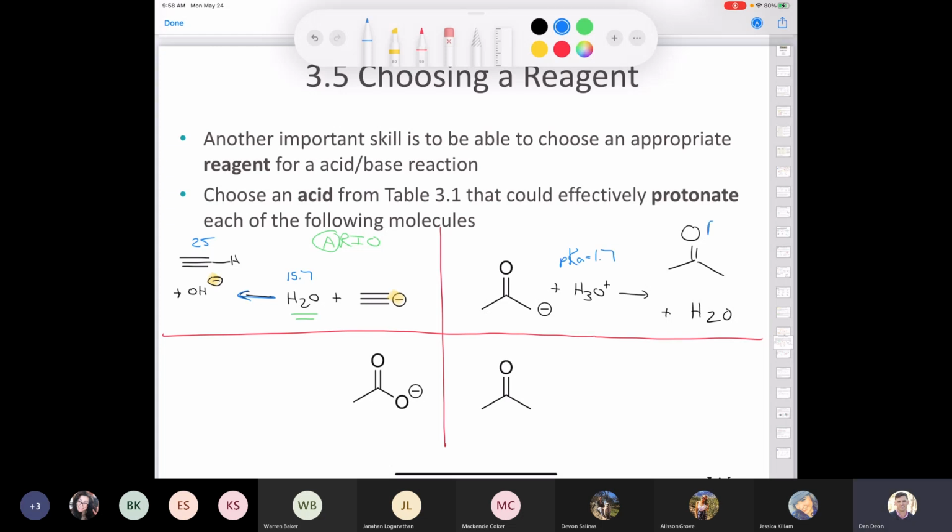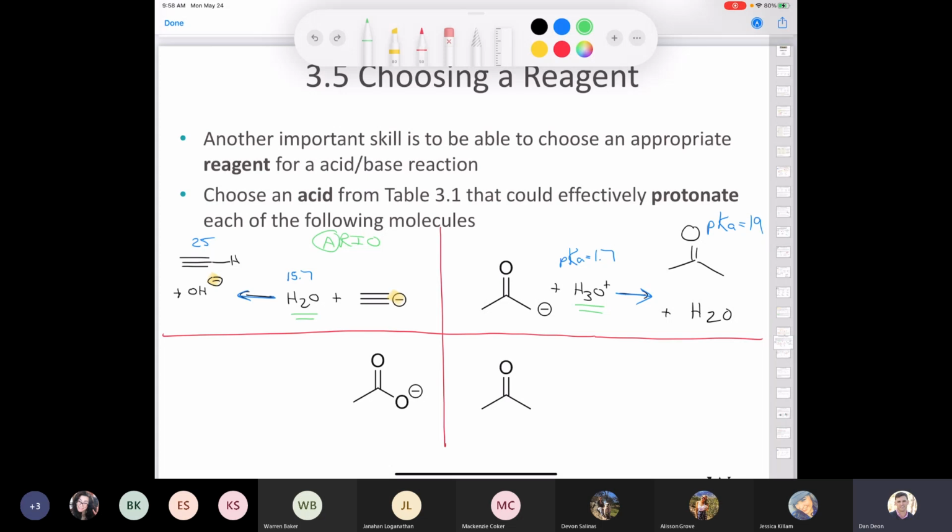The pKa of our conjugate acid is around 19. Well, which side is the equilibrium going to lie to? It's going to lie to the side of the weaker acid. So again, my equilibrium is going to lie to the side of the products. And so hydronium would be more than effective at protonating this anion right here. So hydronium would be a good choice in this case.